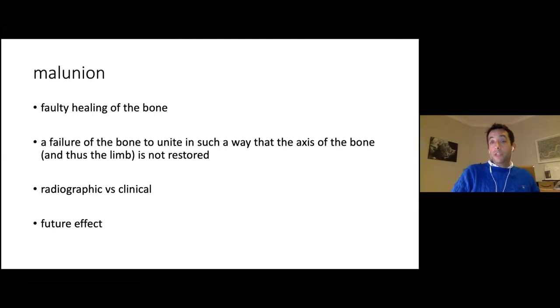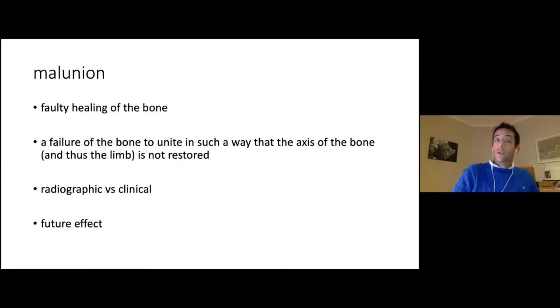Malunion, which is probably a more common type of deformity that we will see in orthopedics, especially for those of us in a trauma practice and in an adult practice, relates to faulty healing of the bone and failure of the bone to unite in such a way that the original normal axis of the bone and therefore the limb is not restored.